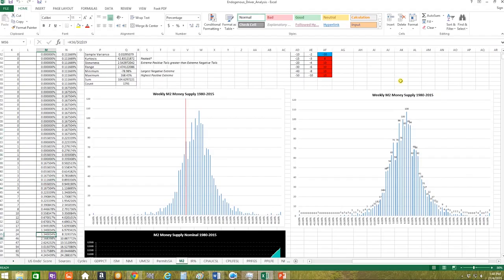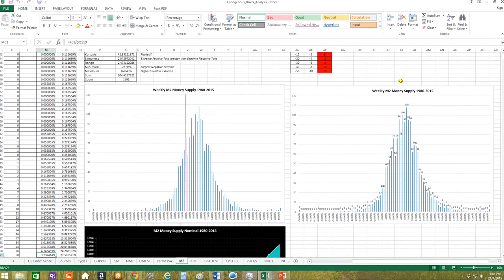It's obviously different because we're not looking at the returns of a currency pair. We're looking at the change in M2 money supply, and we're trying to interpret what's normal and what's not normal. So it's the same method, but just different application and different interpretation.